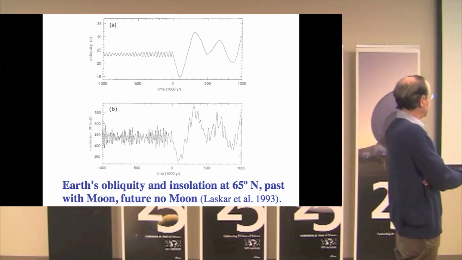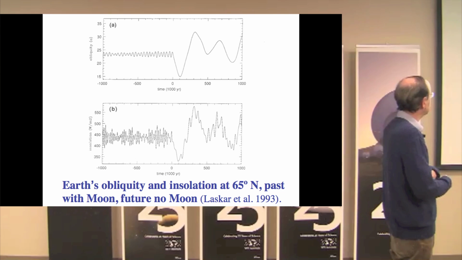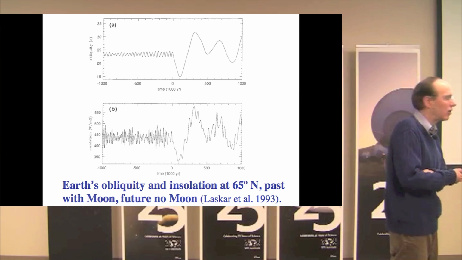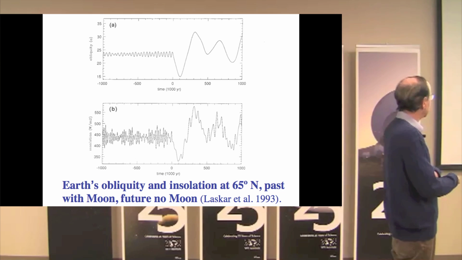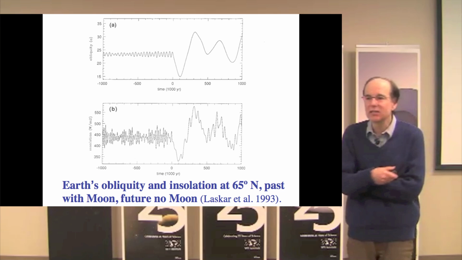And here are some simulations that he did on the Earth's obliquity up here and the insolation down here, integrating into the past with the moon, showing very small variations, and into the future without the moon, showing much larger variations. And small variations in obliquity means small variations in insolation, large variations in obliquity means large variations in insolation.